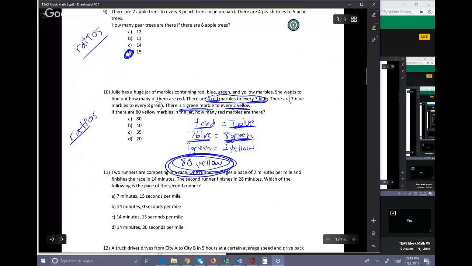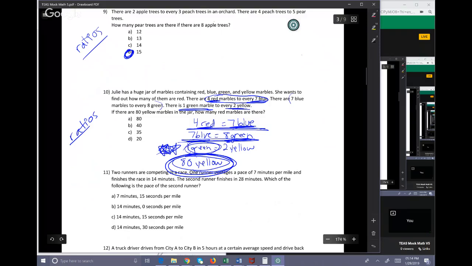If you look at your list of sets of proportions, only one of them has anything to do with yellow, and that's this one here. So the first number you're going to be able to get is the number of green marbles. You can't go from yellow to anything else. You have to go to green from yellow.